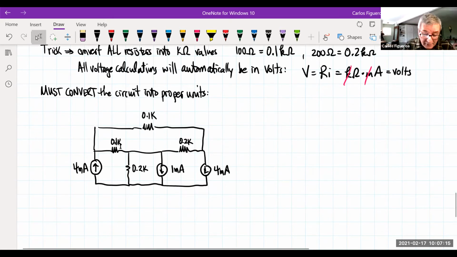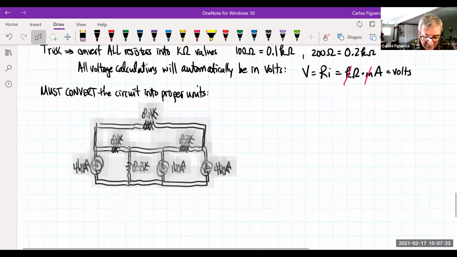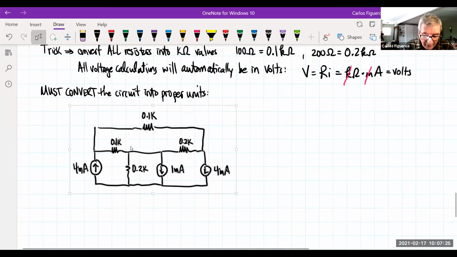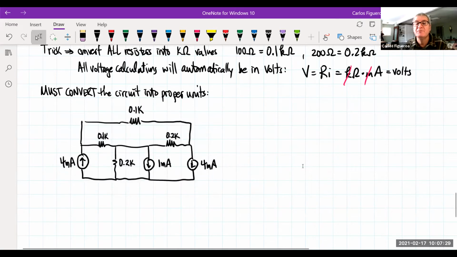But wait a minute. Aren't we calculating voltages with node analysis? The answer is yes, we are. So what I need to do here is a further simplification.